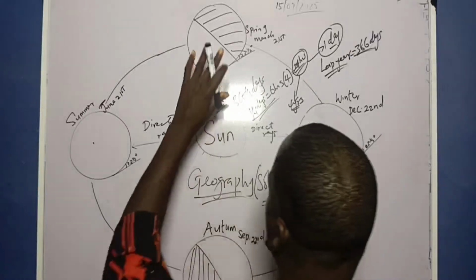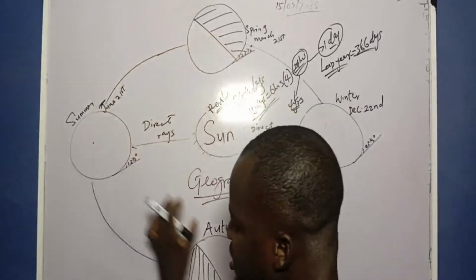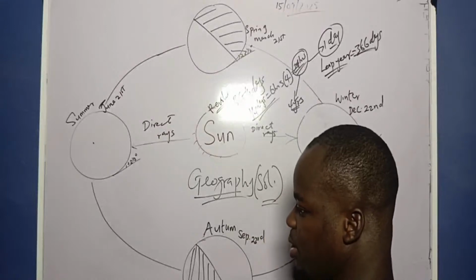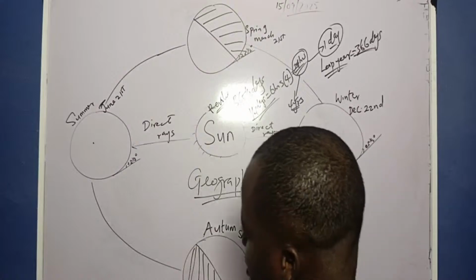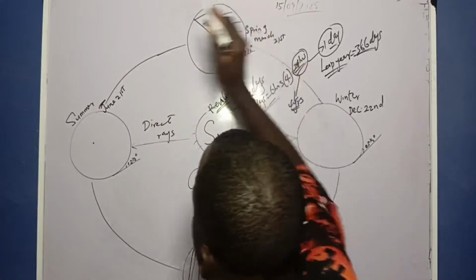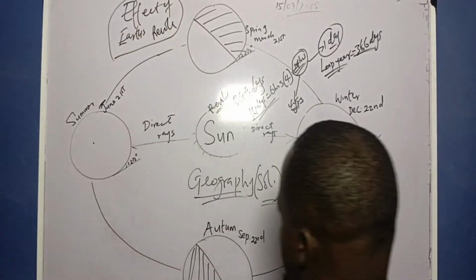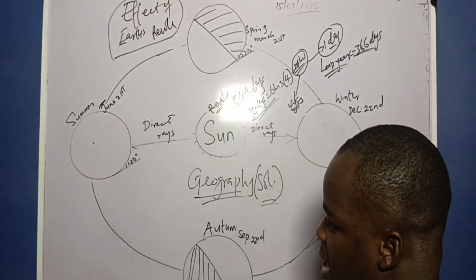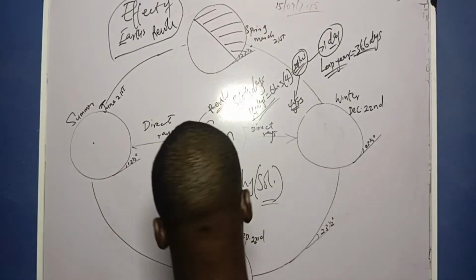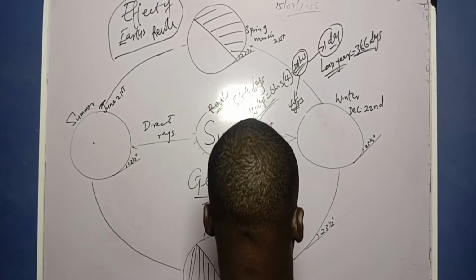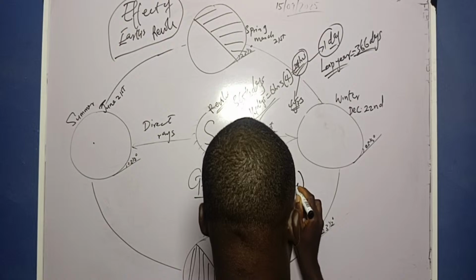So now we are going to be dealing with the changes occurring during this Earth revolution. Like I told you, this is the effect of Earth revolution, which is regarded as solstice and equinox.